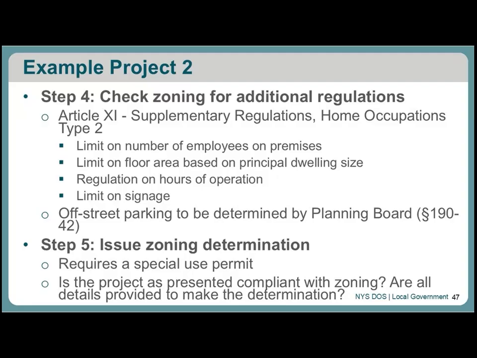So the zoning enforcement officer is going to make a determination that this requires a special use permit, and that it meets zoning when it comes to the size of the proposal. But some of the squishier things like hours of operation and off-street parking are probably going to need to be reviewed and discussed as part of that special use permit to determine whether or not the project will meet that, because it's possible that this person would want to do something outside of those hours of operation.